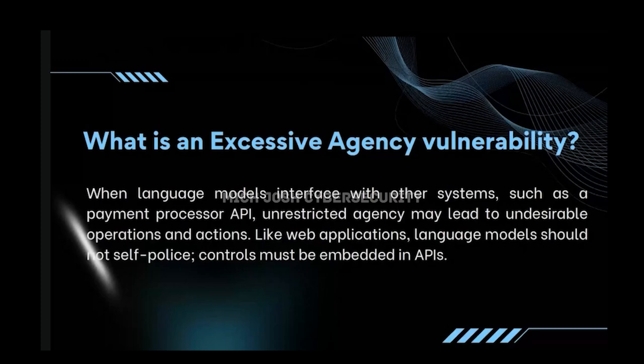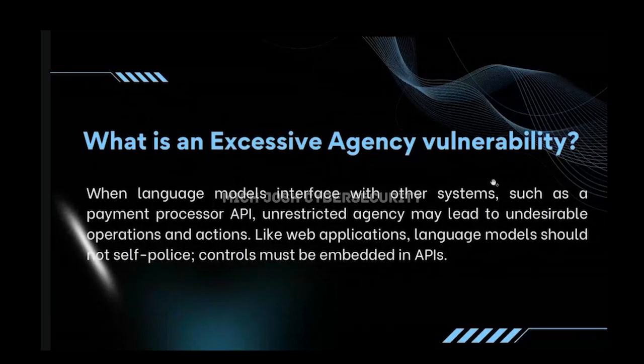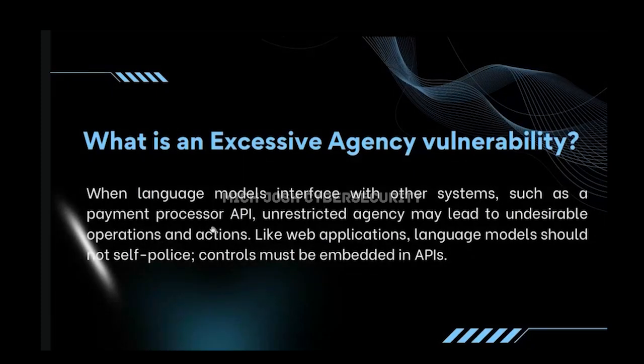What they are trying to say here is that the language model should not self-police; controls must be embedded in the APIs. What are the other systems here? I mentioned the payment processor, but there are other things too. For example, in an order management system there may be an API that should verify the delivery status or the coupon rules, like if there is a 50% coupon.